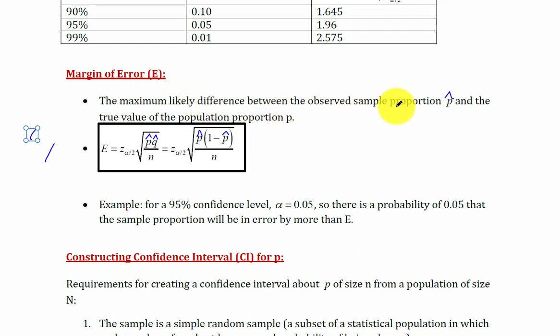Even though we can make the confidence interval, there's always an error, and that is the margin of error, which is the difference between the observed sample proportion and the true value of the population proportion. And that's why we use the margin of error to construct the confidence interval for the proportion P.